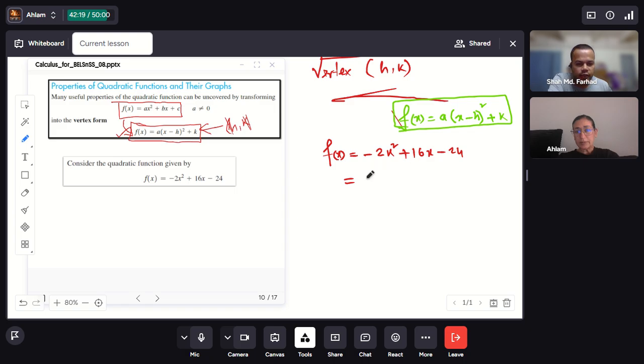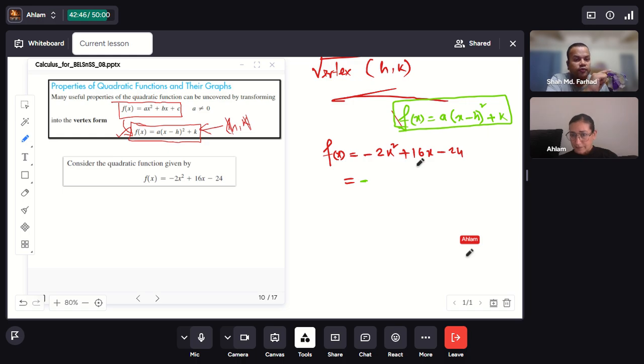Now, if we take negative 2, y is f of x. So this one is also a quadratic function.